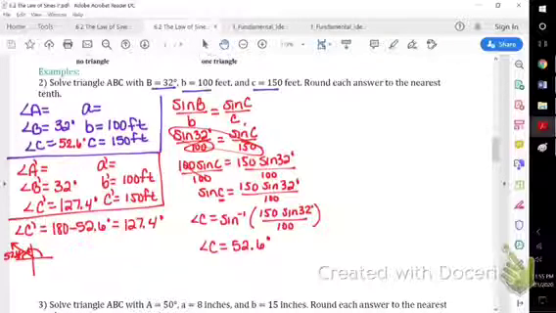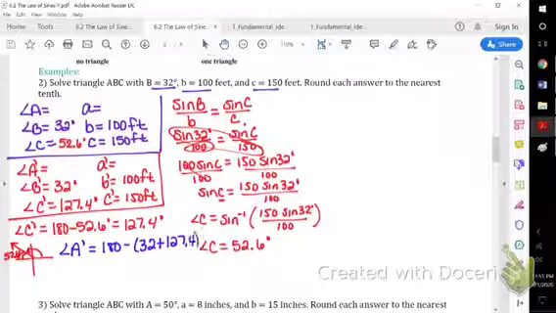Now, to make sure that this second triangle works, let's go find angle A prime. Because if I can't get a positive answer for angle A prime there, then it's not going to work. So we're going to take 180 minus the other two angles added together, so 32 plus 127.4.